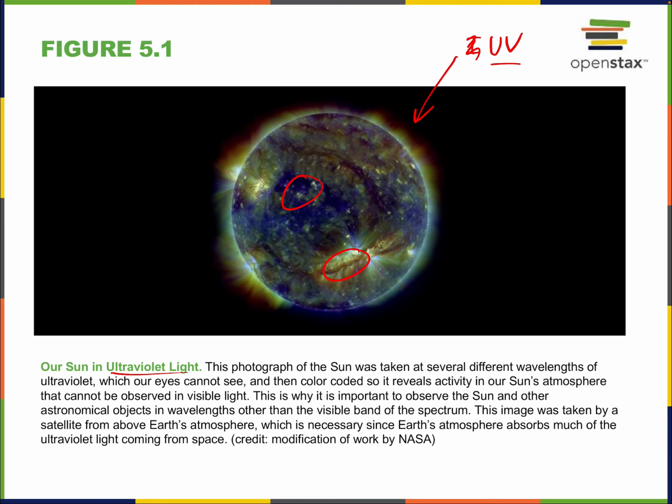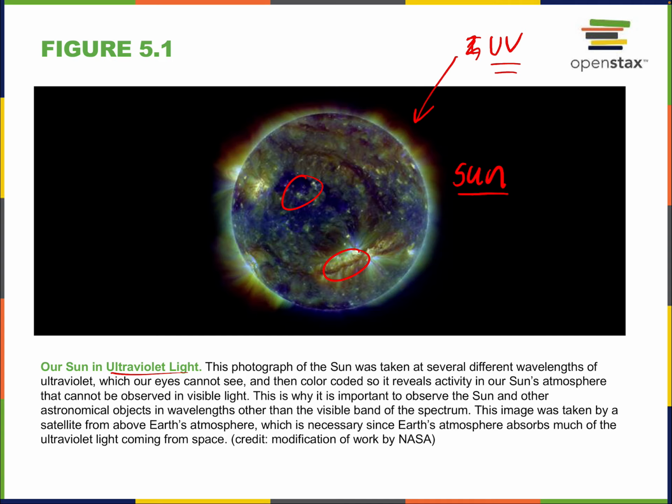And what we're looking at here is our own sun, but not the visible light that's produced by our own sun, but instead the UV light. And one thing about UV light is it's higher energy than the type of light that we see, the visible light. And we'll come back to this idea. But this is amazing that we can see the sun in other ways.